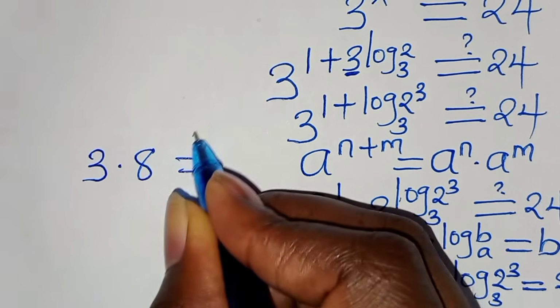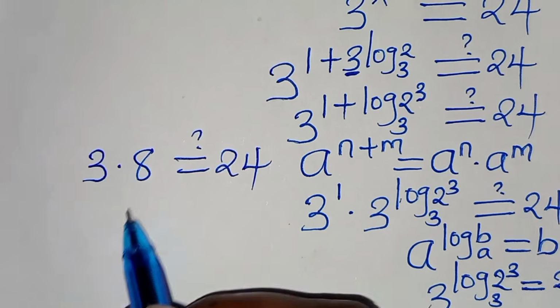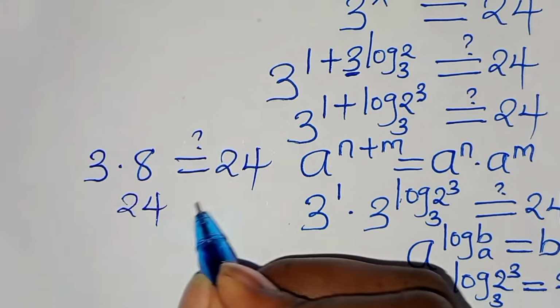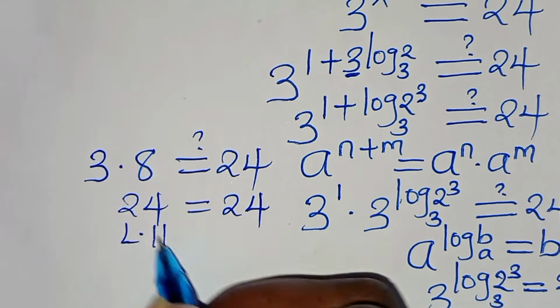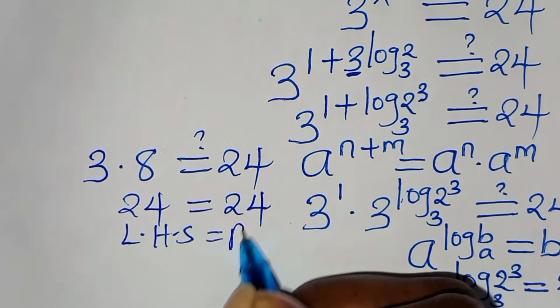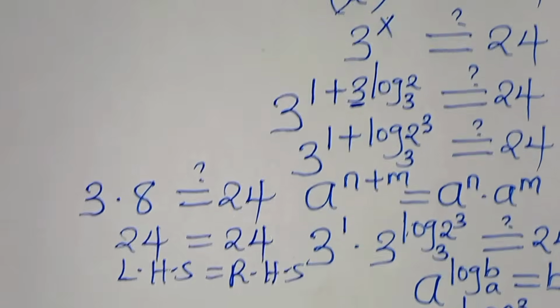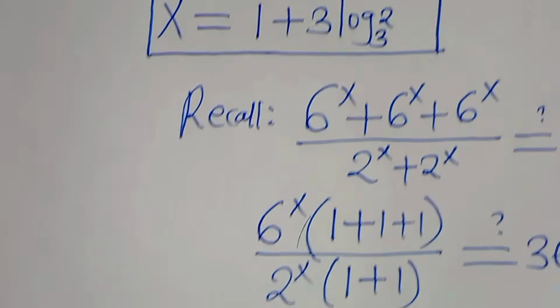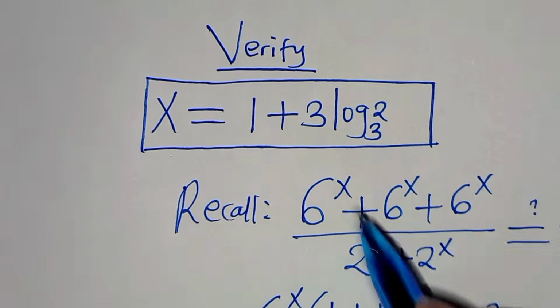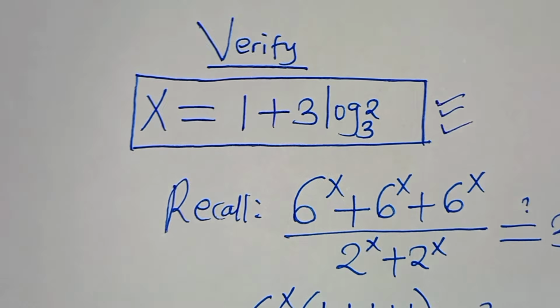This is supposed to give us a value of 24. 8 times 3 is equal to 24, which is equal to 24. So the left hand side is equal to the right hand side. This implies that the value of x, which is equal to 1 plus 3 log 2 to base 3, actually satisfies the equation.